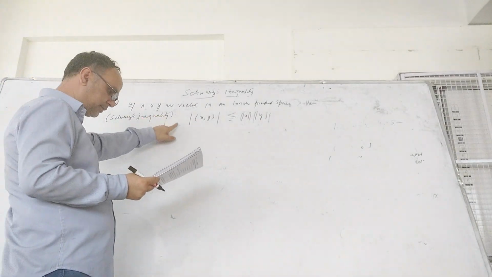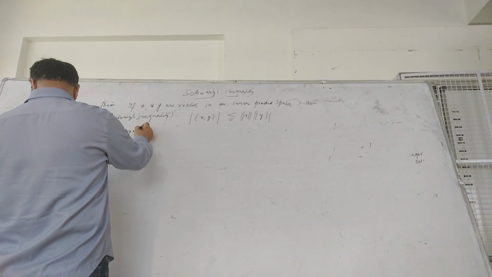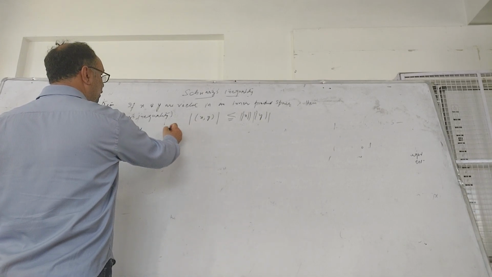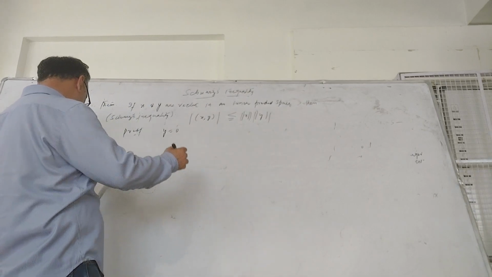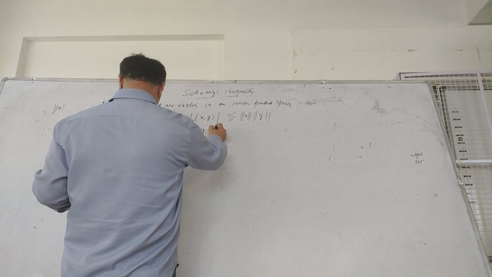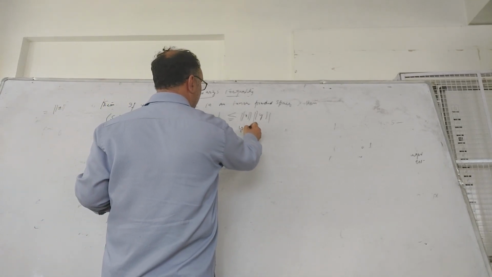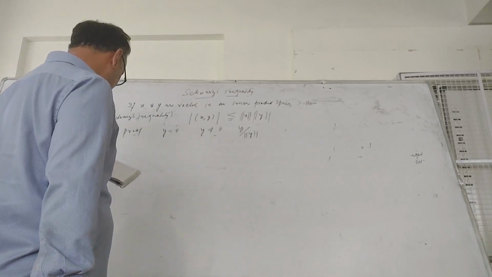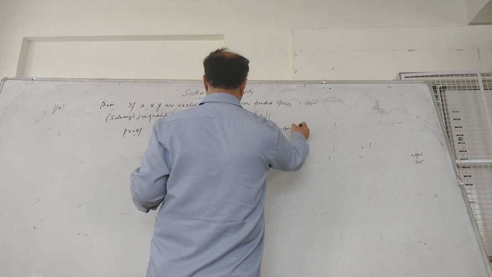So what's the proof of this? How can we show it? If y is equal to 0, both sides will vanish. This is one case. If y is not equal to 0, then the set consists of maybe one of the elements, which is orthonormal.